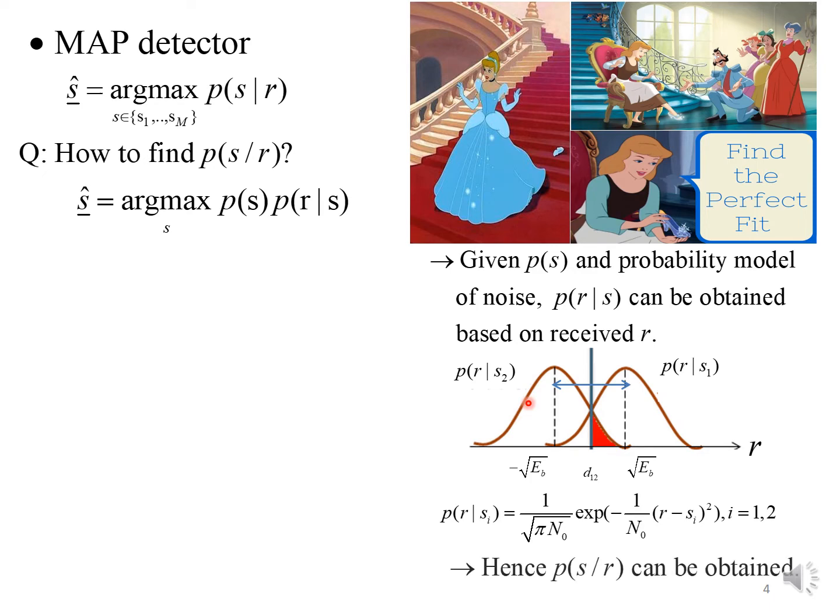And if P(S) is also given, then we have the product of P(S) and P(R|S), and hence the conditional probability P(S|R) can be obtained. Then we can have the estimate of S. And this is the MAP detector.